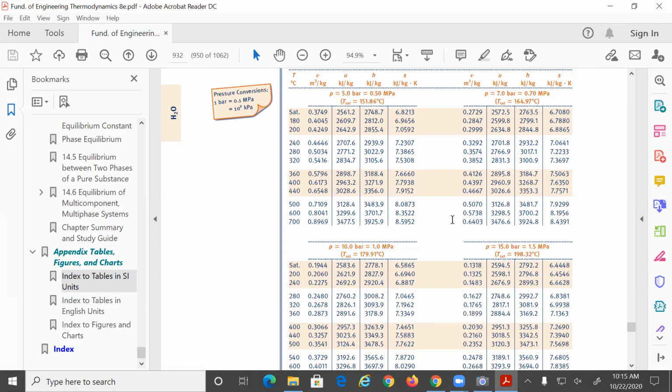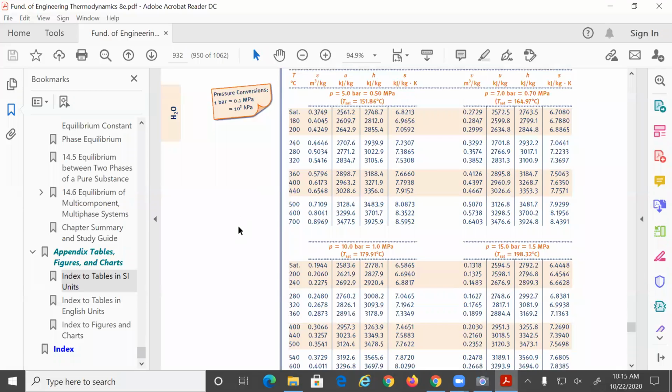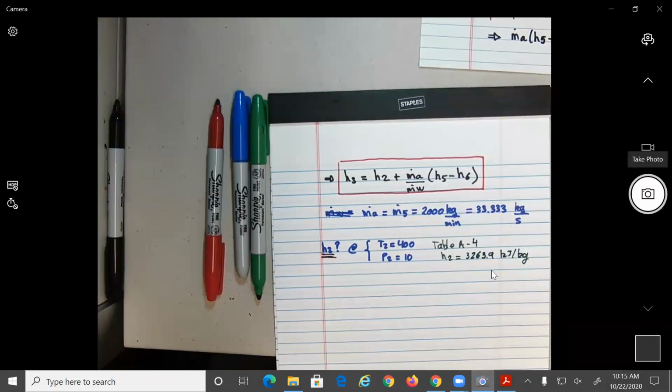So from table A4, we get that H2 is going to be equal to 3,263.9 kilojoules per kilogram. All right, that was table A4. So we got this one over here.